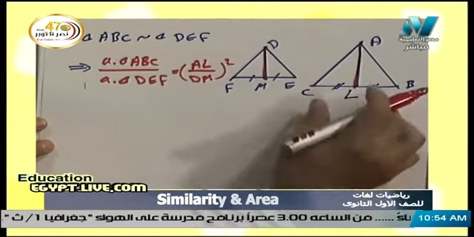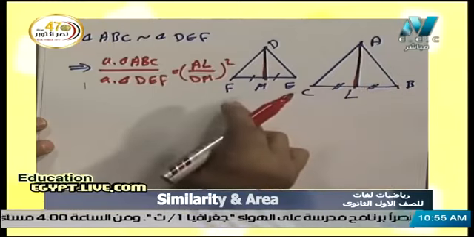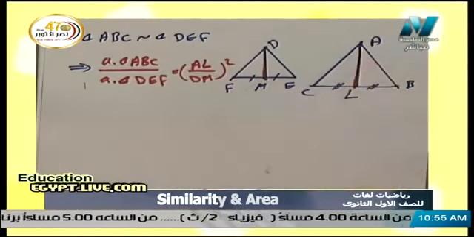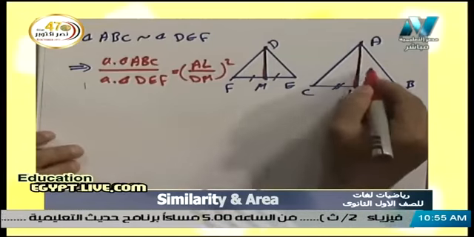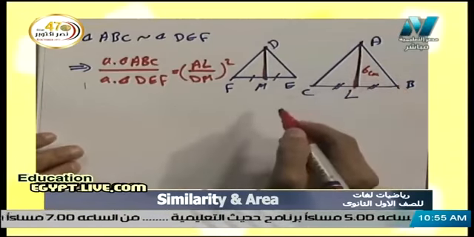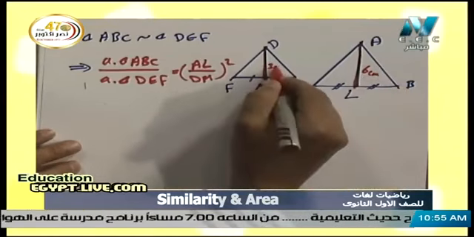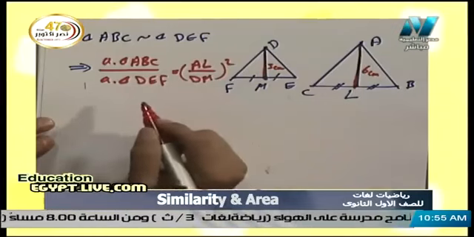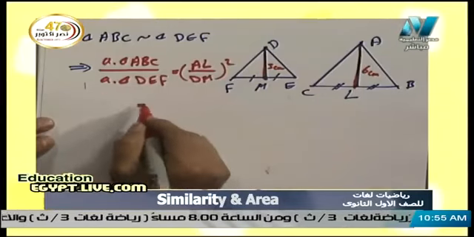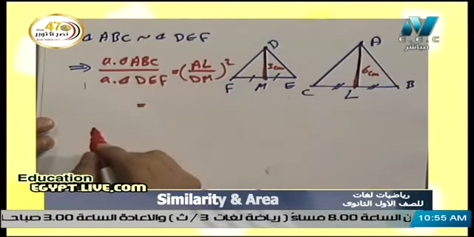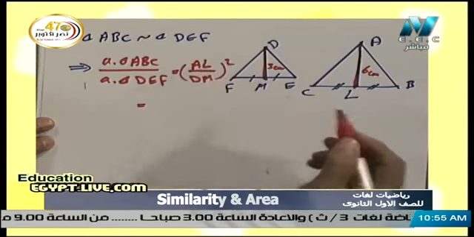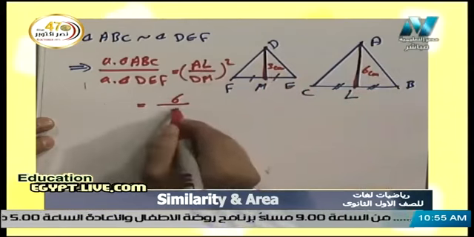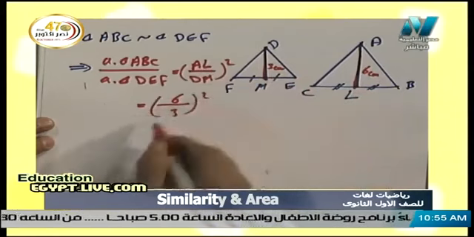So if we have two triangles and they are similar, and we have the side lengths of a median here equals, as example, 6 centimeter, and this one equals 3 centimeter here, and you want to find the ratio between area of triangle ABC over the area of triangle DEF. AL here equals 6 over DM here equals 3, squared.